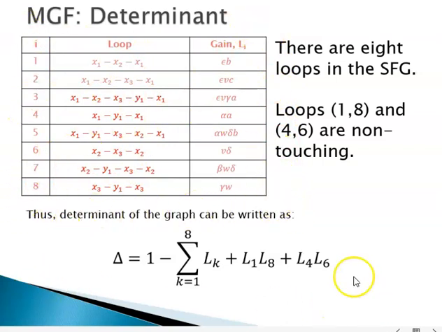So we apply the formula to find delta: 1 minus the sum of all the loop gains. L1 and L8, L4 and L6 we have taken because only these are non-touching. L1 and L8 do not have any common node. L4 and L6 do not have any common node. That is why you have included them. If there is something common, even this L1, L8, L4, L6 will also not come. So this is the determinant.